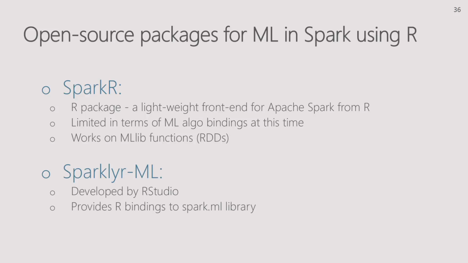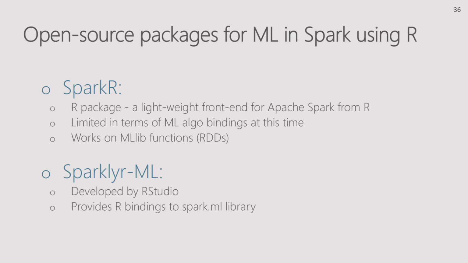So one other thing I'd like to mention, in terms of open source packages for doing statistics and machine learning in R, there are a couple of them right now. One comes from Apache Spark as a part of the Spark distribution, which is SparkR. And I think you can do quite a few things in terms of ETL and data wrangling with SparkR in my experience, but I think the modeling aspect of it is still pretty weak.